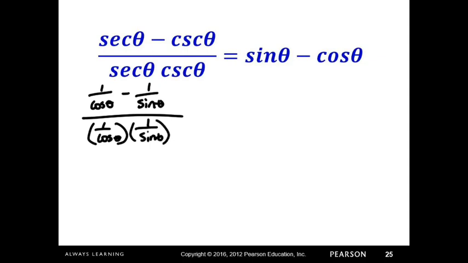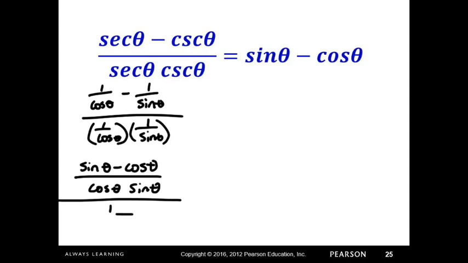All right, so the numerator now becomes sine theta minus cosine theta over cosine theta sine theta, and all of that is over 1 over cosine theta sine theta.